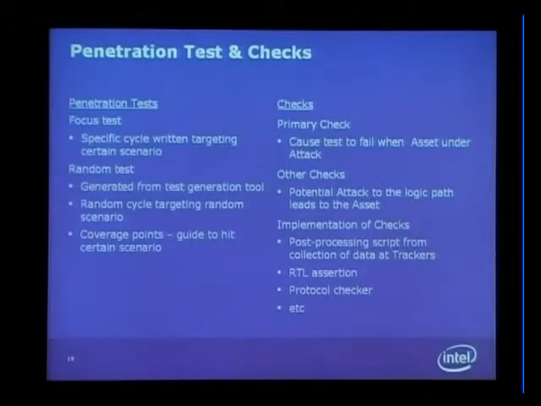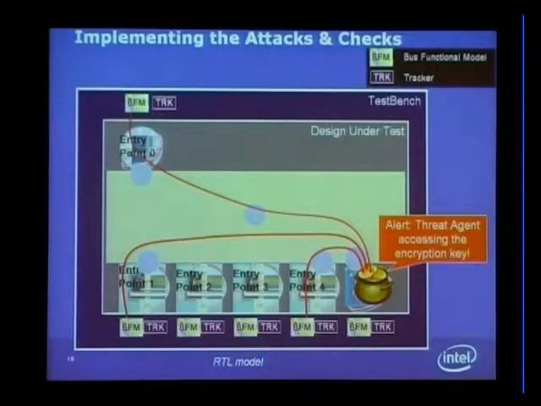And for random tests, you can use a test generator to generate the test. However, that does not guarantee that it does this type of testing for you. You can generate many tests, but you may not target your asset, or you may not even issue it from the threat agent.